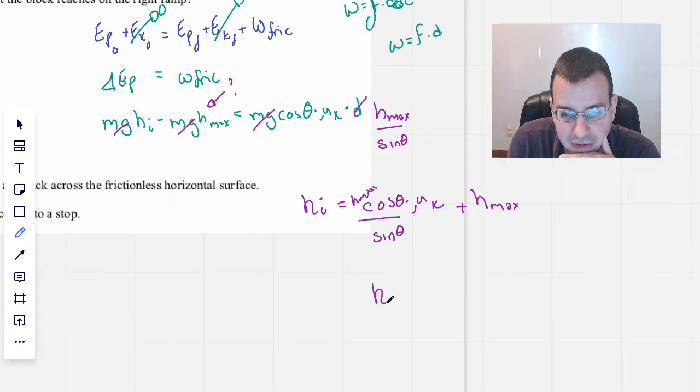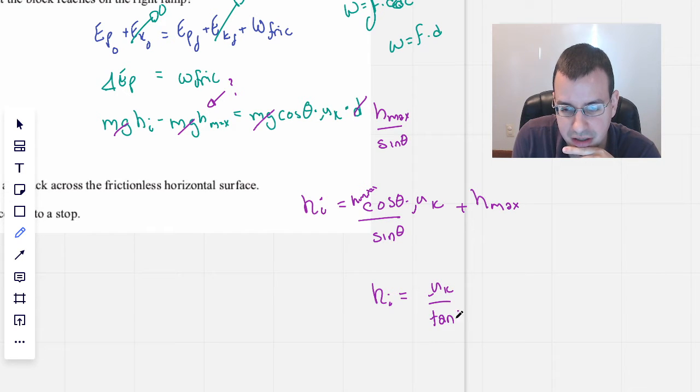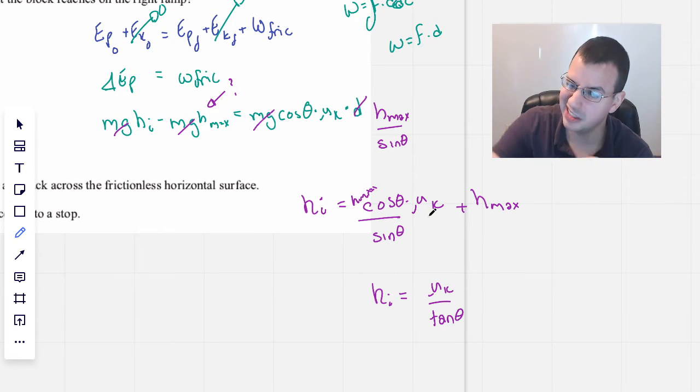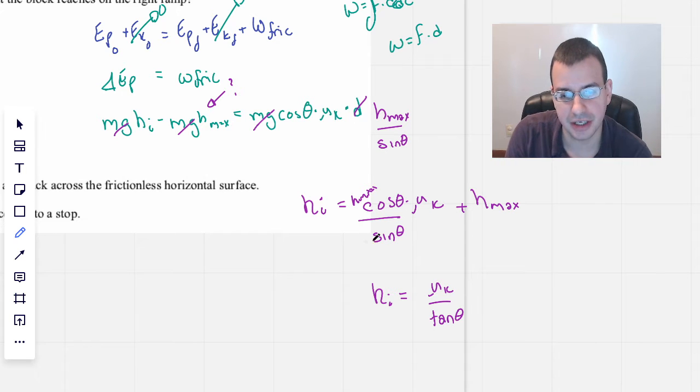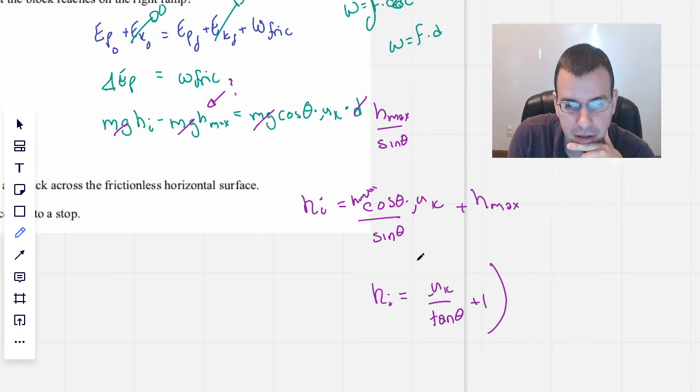So then we have height initial equals, I'm going to write this as mu k over tangent of theta, because mu k is the coefficient of friction, but then sine of theta over cosine of theta is tangent of theta. This would actually be cotangent, but I feel more comfortable with this tangent. Plus 1, we have h max here.